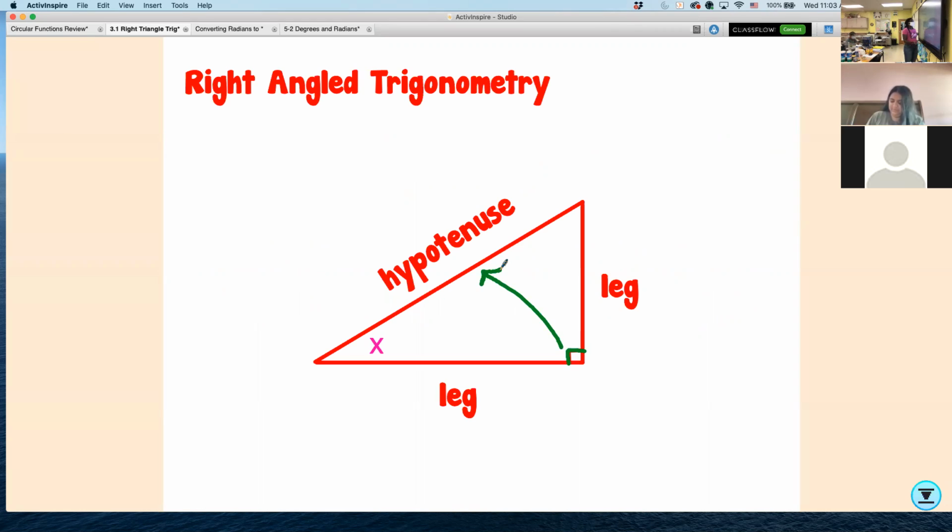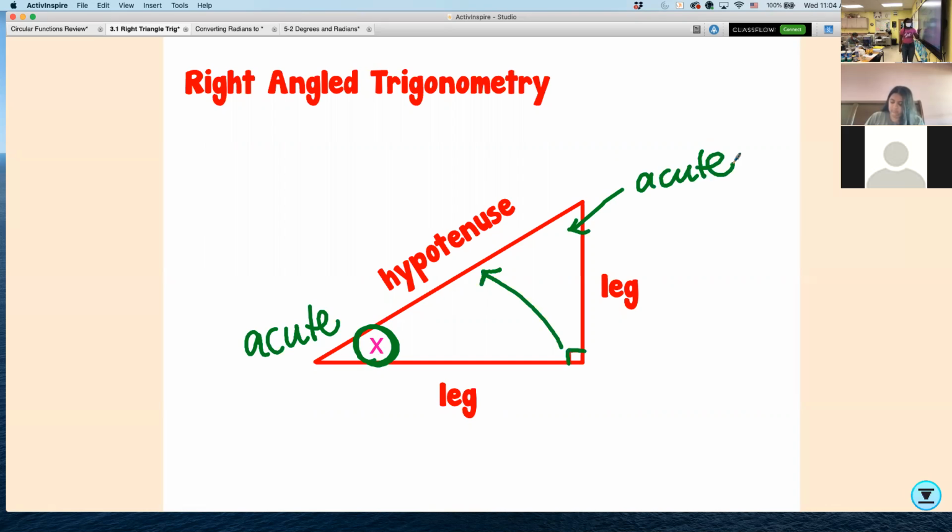hypotenuse. Now, when it comes to your right angle trigonometry, you always label your sides based off of one of your acute angles. Never your 90-degree angle, always your acute angle. Okay? And that really and truly are what these two angles are. They're two acute angles.